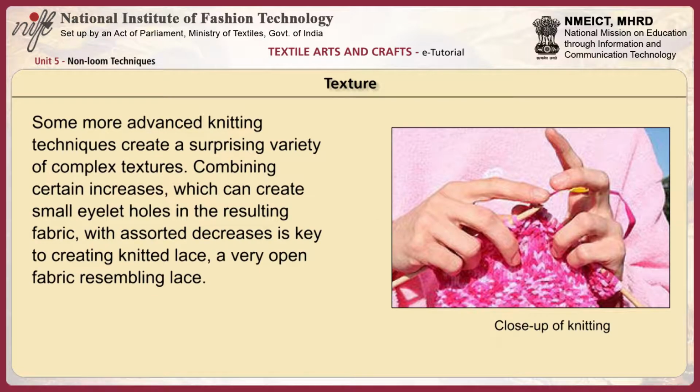Some more advanced knitting techniques create a surprising variety of complex textures. Combining certain increases, which can create small eyelet holes in the resulting fabric, with assorted decreases is key to creating knitted lace, a very open fabric resembling lace.